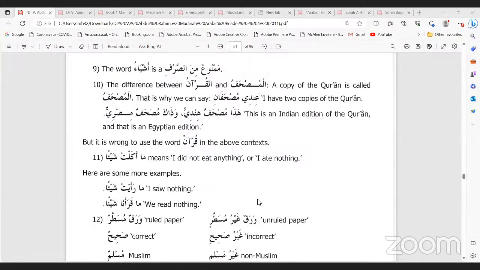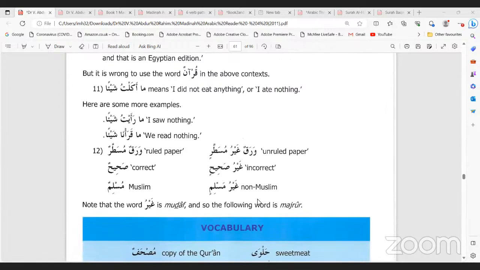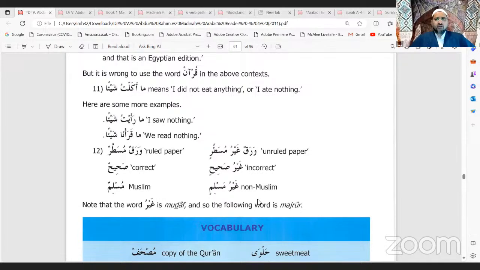Hada mushafun hindiyun wa zaka mushafun misriyun. This is an Indian edition of the Quran and that is an Egyptian edition. But it is wrong to use the word Quran in the above context. So when you are to refer to a copy of the Quran, you use mushaf rather than Quran.